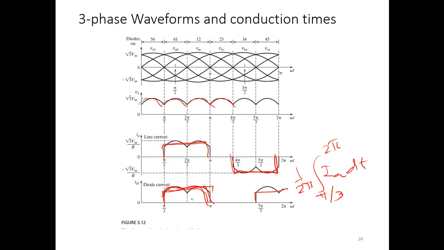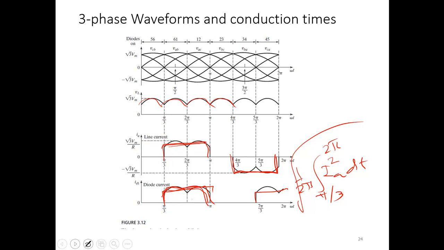If you want to find the RMS, you take the square root of that. Just keep in mind that when you do that, you assume this waveform is between here, and the line current will be the opposite of that one.